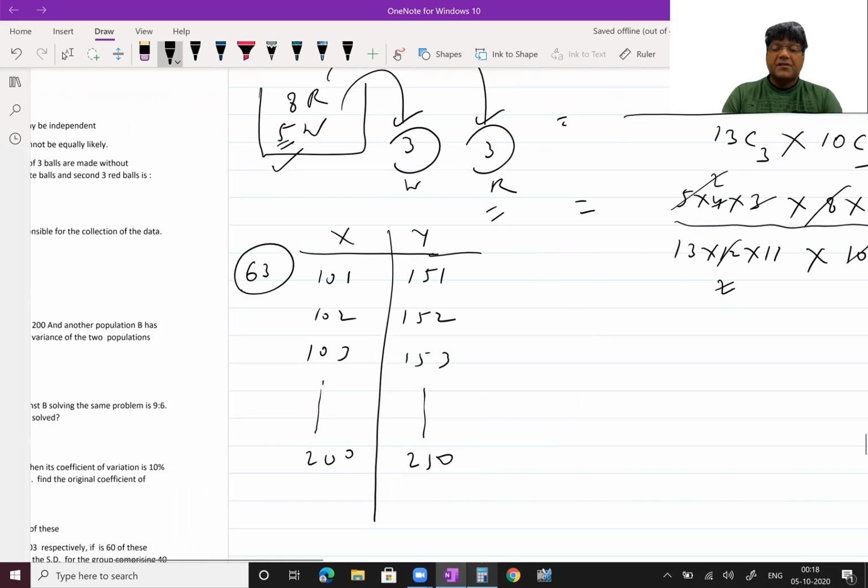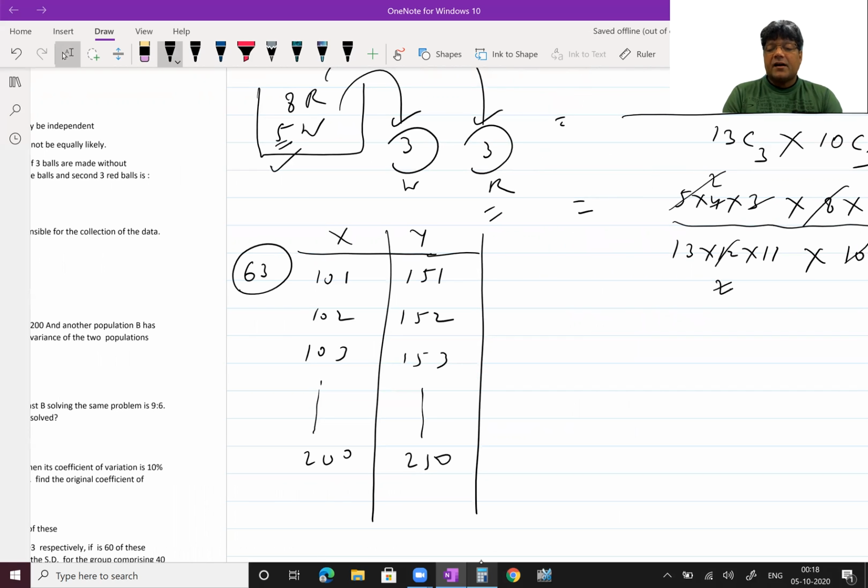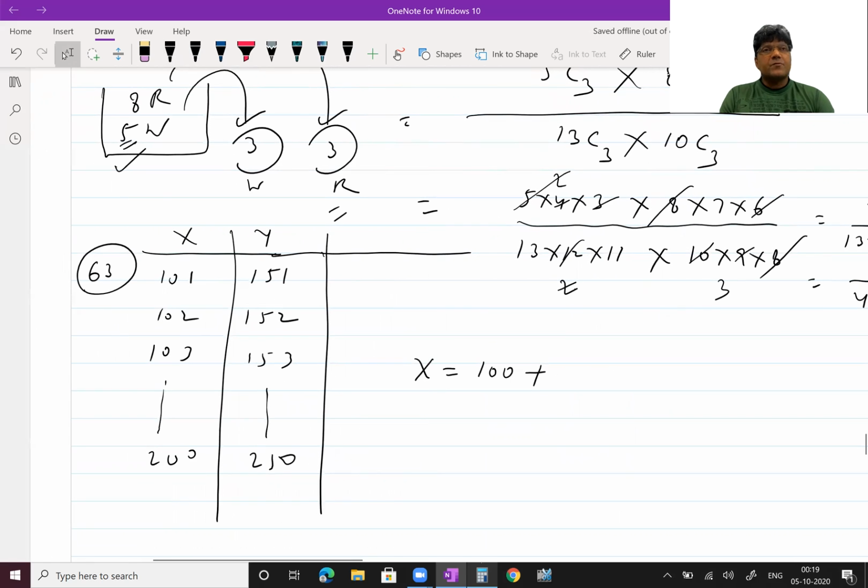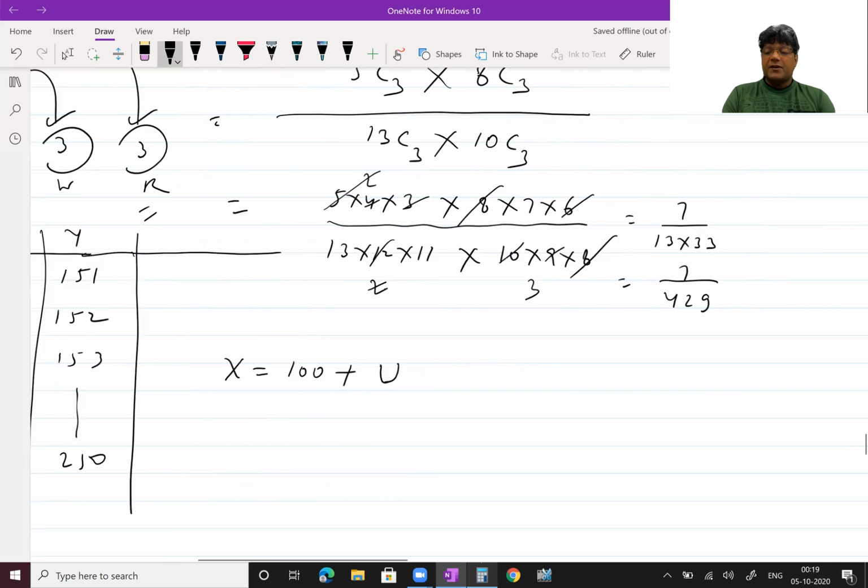So, can I write X is equal to what? 100 plus 1, 100 plus 2, 100 plus 3. So I can write my X values as 100 plus what? Suppose U. And what is U?